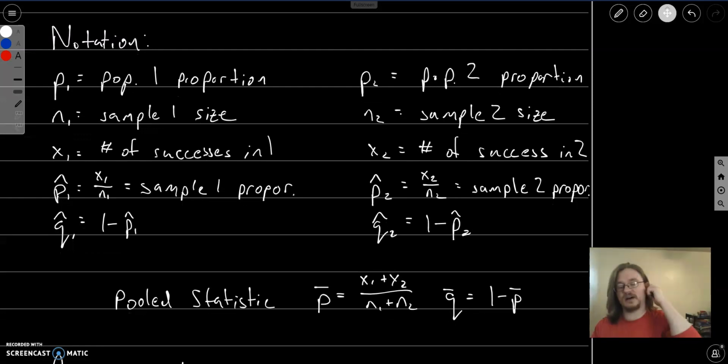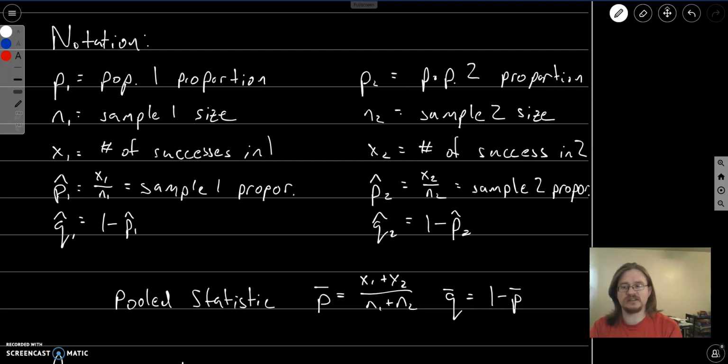So here is just a brief outline of all the notation that we'll see. P1 and P2 are the actual proportions within population 1 and population 2. These are what we don't know. These are what we're trying to test. When we take a sample, we will have a sample size for both populations, and then within each sample we'll have a certain number of successes.